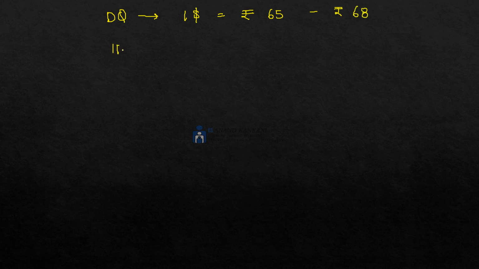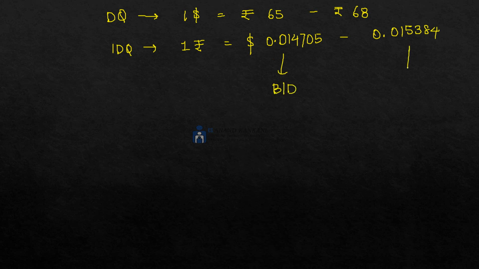However, the indirect quote for India will be 1 rupee equal to dollar 0.014705 and 0.015384. This side represents the bid, and this represents the ask. And if you see here also, the bid is less than the ask.